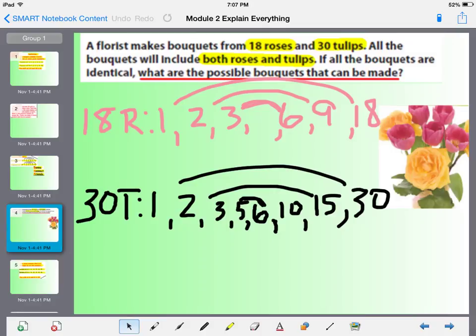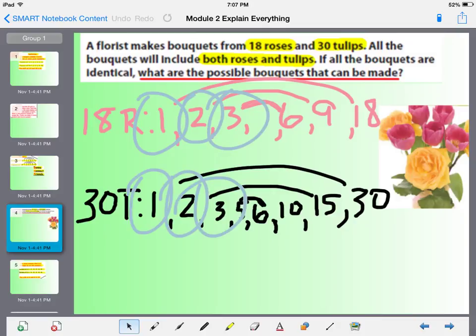Now let's see what common factors we have. They have 1 in common, 2 in common, 3 in common, 6 in common. Anything greater than that? 9, no. 18, no. So in this case, my brother would make 6 bouquets, and each bouquet would have, well, 6 times what was 18? 3 roses in each.